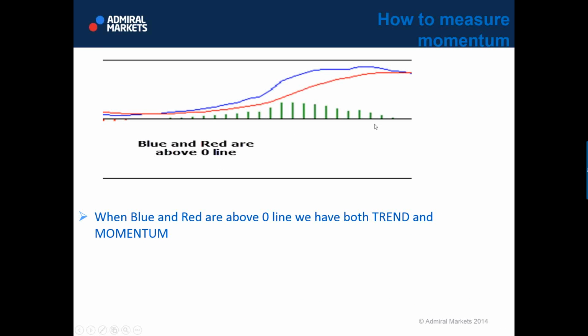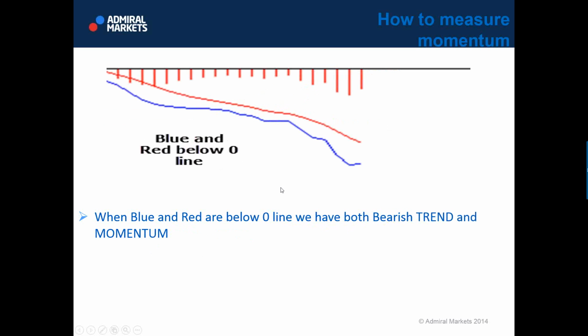Now, how can we know when trend and momentum are aligned? Very simply, when blue and red are above the zero line, then we have both trend and momentum. So if both blue and red are above the zero line, we say that we have both trend and momentum.